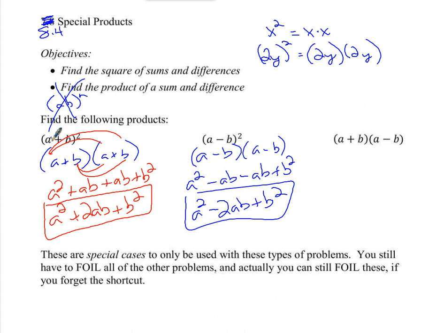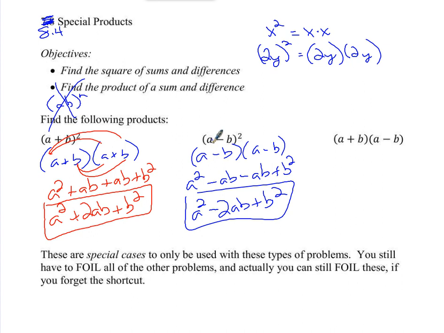All you have to do is square that first thing and put it there. That sign goes there. Then 2ab means take these two numbers, multiply them together, and then double that result. And write that answer there. And then plus that guy squared going right there. It's the exact same result as over here.